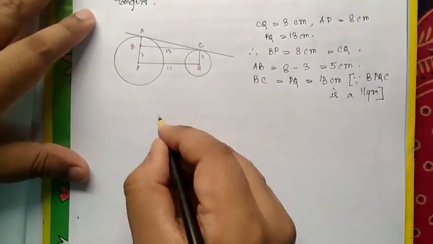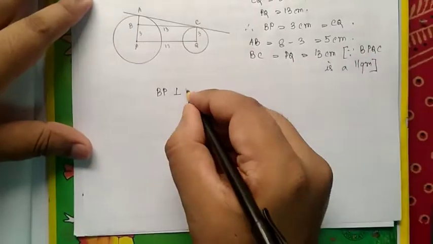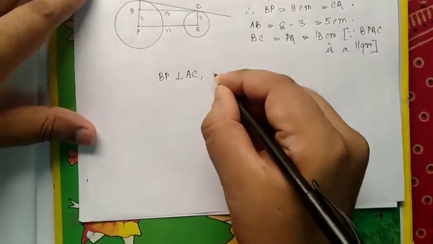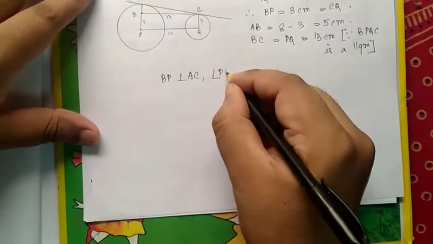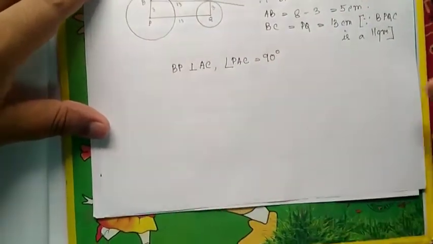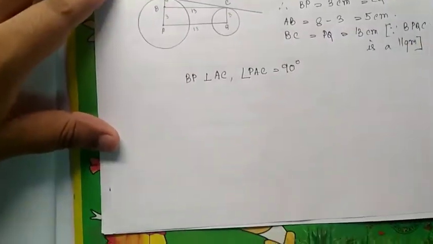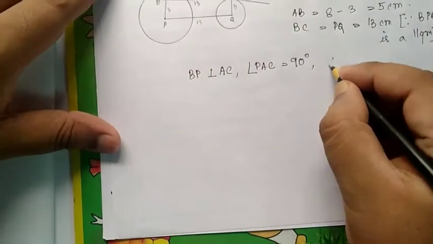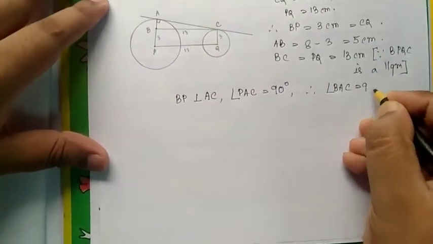Now BP always perpendicular on the tangent AC, so therefore angle PAC equal to 90 degree. So if angle PAC equal to 90 degree, angle BAC is also 90 degree.